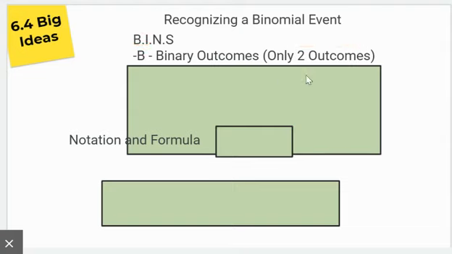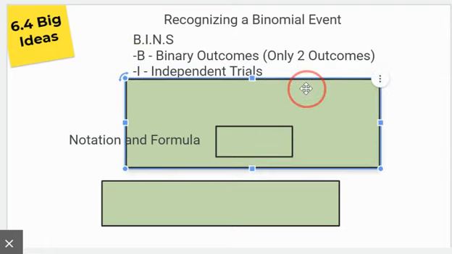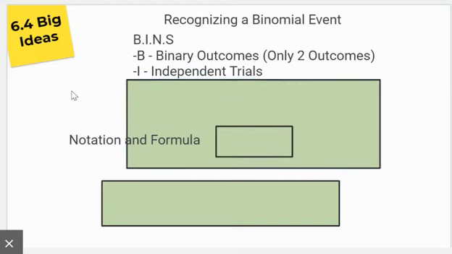All right, what about the I? Well, the I stands for independent trials. So whatever the trials are, in our lesson for 6.4, we were talking about shooting a basketball. So every shot is a trial. The trials need to be independent of each other.